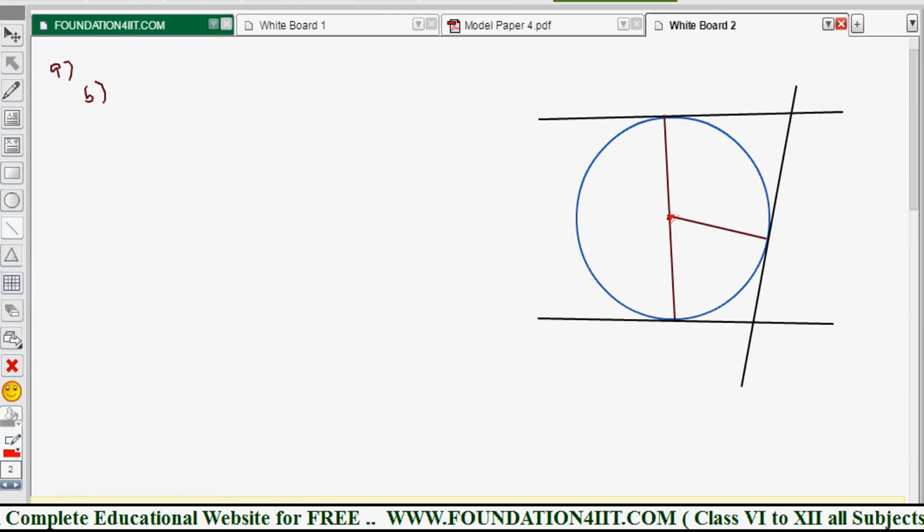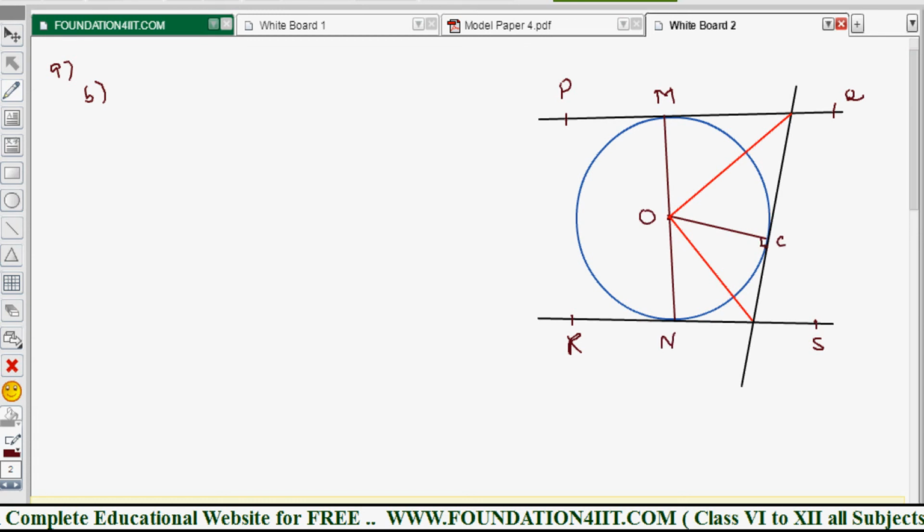O to A and OB, you join both of these. Now this is R, S, P, Q, M, N, and O is the center of the circle.